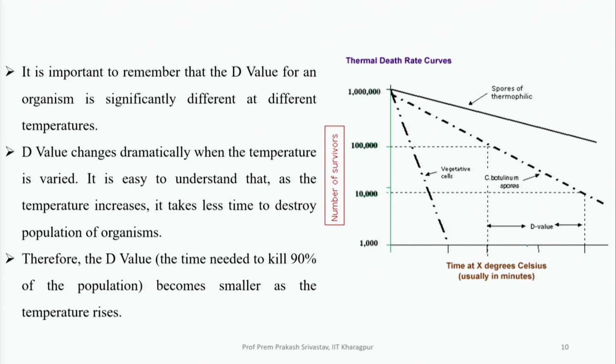It is easy to understand that as the temperature increases, it takes less time to destroy a population of organisms. Therefore, the d value, that is the time needed to kill 90% of the population, becomes smaller as the temperature rises.